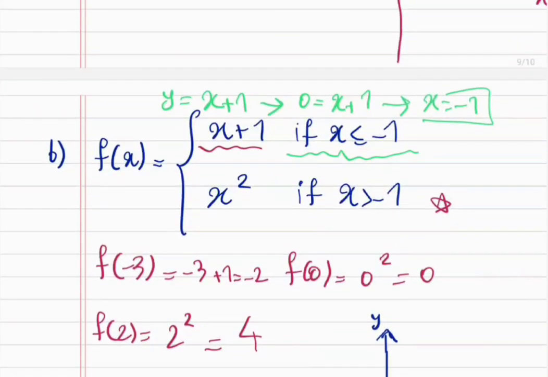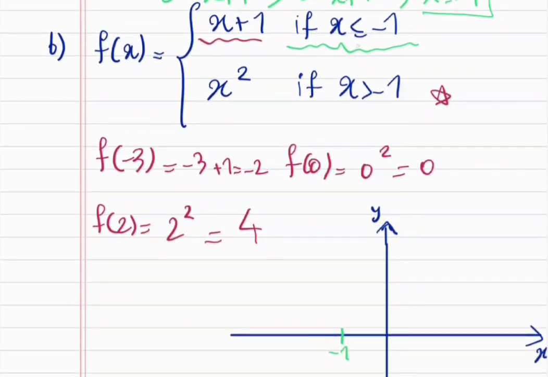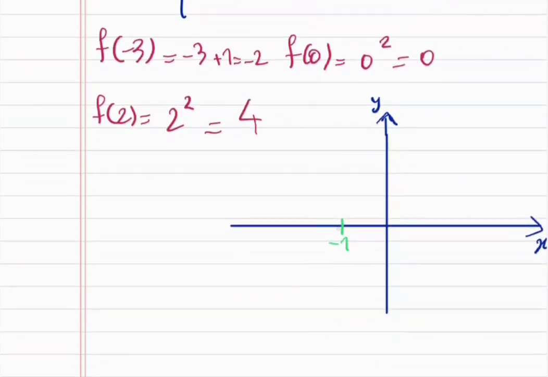But be careful, because when we have x plus 1, x must be less than or equal to minus 1. So this means that this straight line is this basically. We can't just extend this and get to this point where the y-intercept is 1 and then continue.